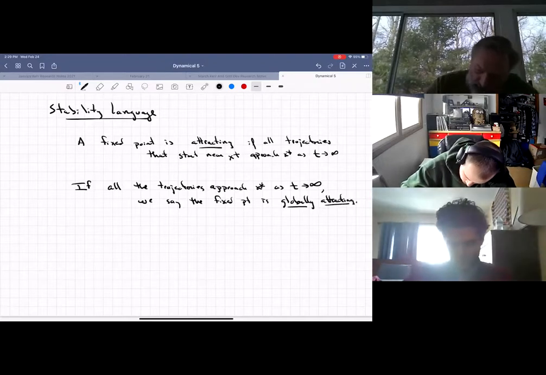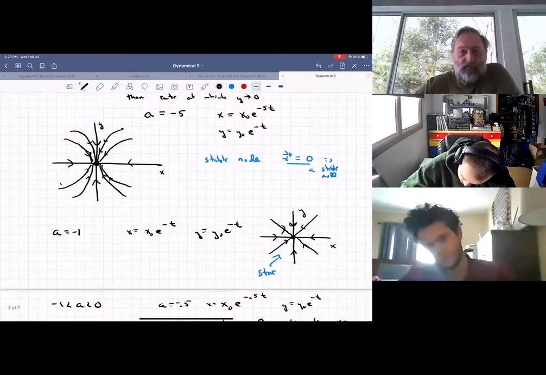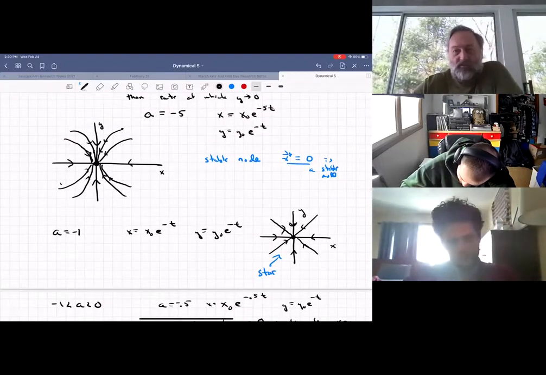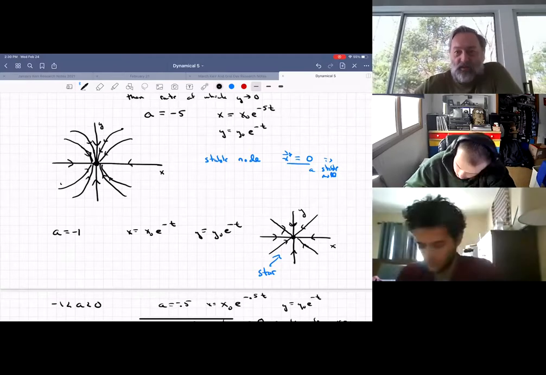In other words, in our stable nodes that we have up here, this stable node is globally attracting. Every phase point eventually ends up in that node.